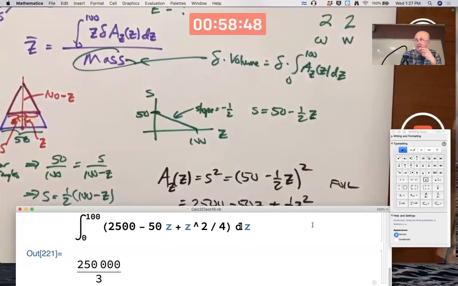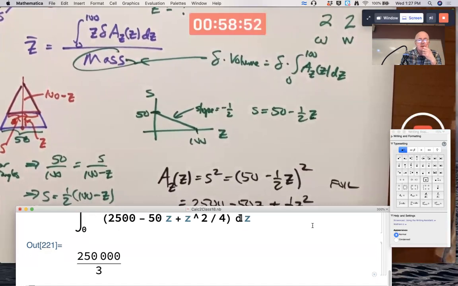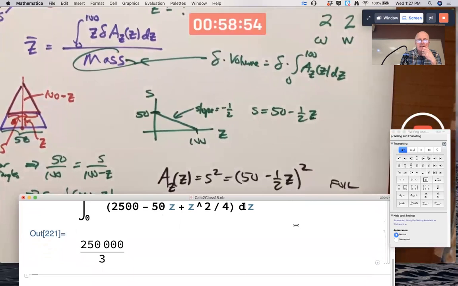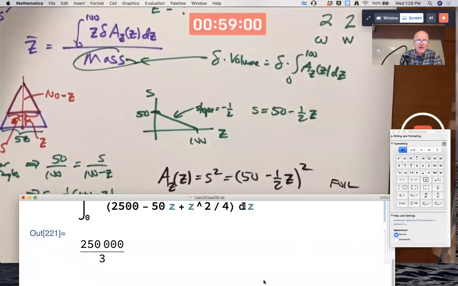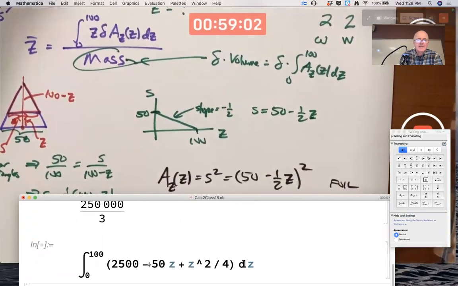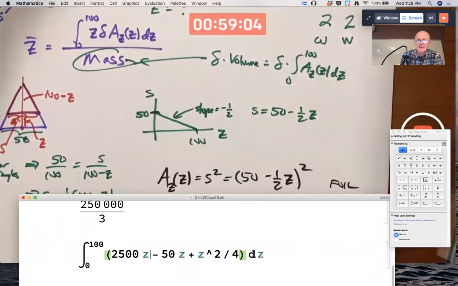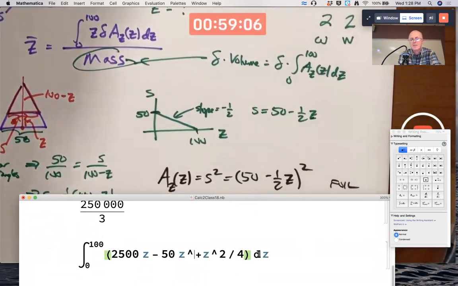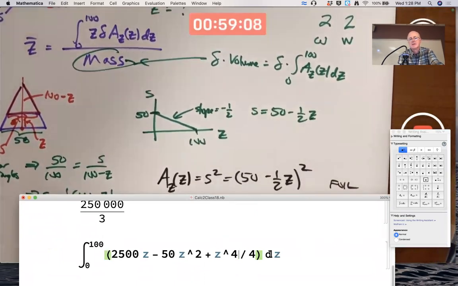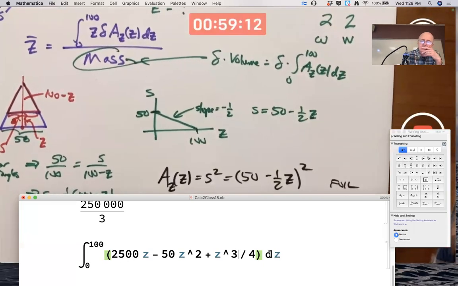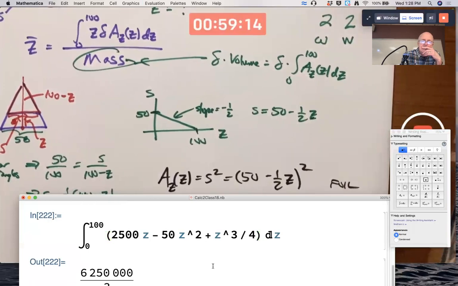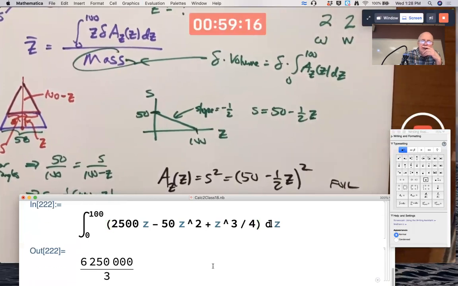Multiply that by delta, whatever delta is, and you get the mass in kilograms. For the moment, I need to integrate this thing times Z times delta technically as well. But again, the delta is going to cancel. That one gives 6.25 million divided by 3.